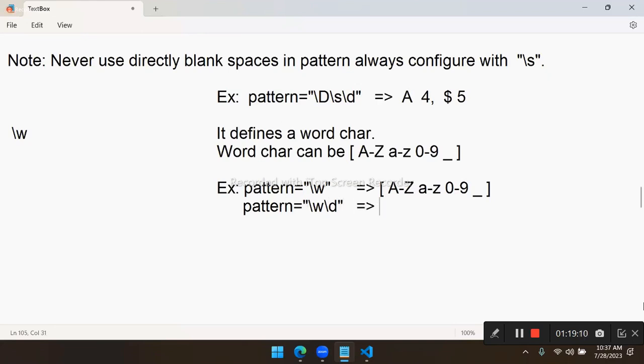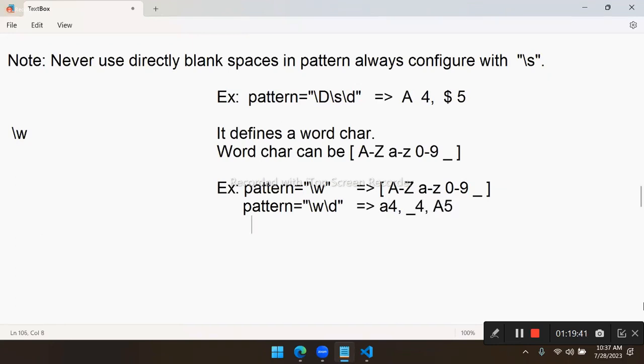What does this mean? That means the first character can be an alphabet, number, or underscore, but the last character must be a number. That's how we define it. So the first character can be anything, and the last character must be a number.